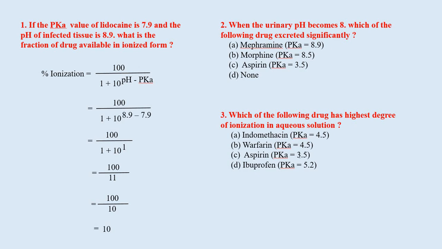Based on that, we know that indomethacin, warfarin, and ibuprofen have weak acidic pKa, meaning these are weak acidic drugs. So if you dissolve these drugs in water, then the ionization of those drugs is less as compared to aspirin, because aspirin is a strong acidic drug. So this is the difference, and for this question aspirin is the answer.